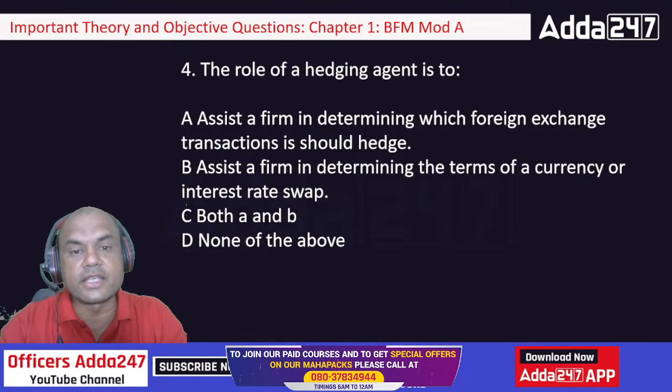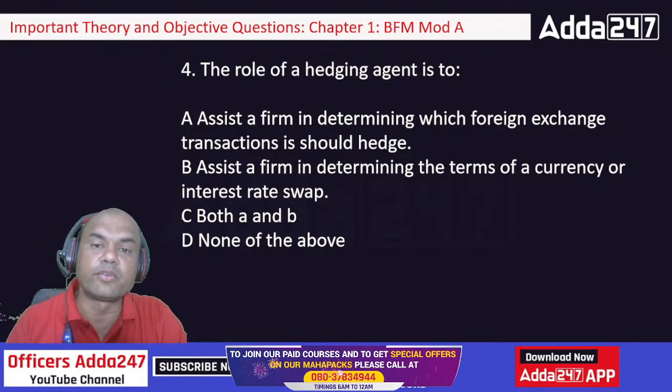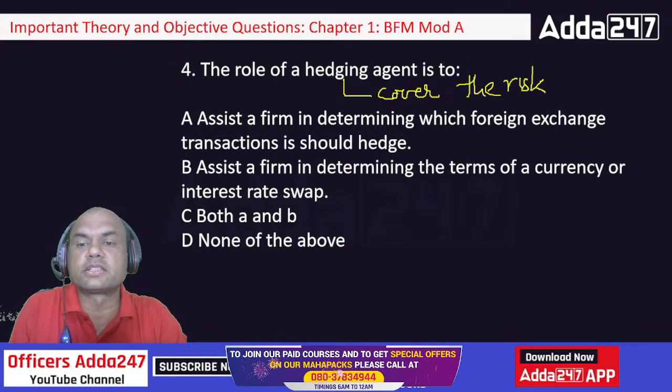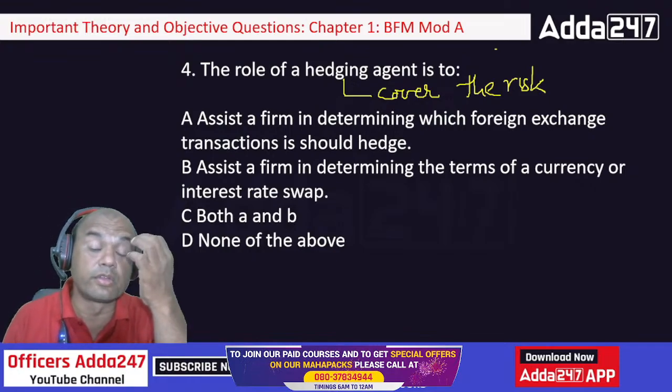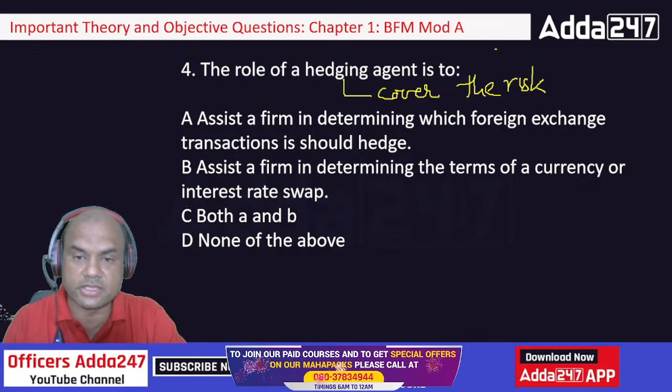The role of hedging agent is to... So what is the hedging agent? Hedging means the one who covers your risk. Covering the risk is known as hedging. So the role of the hedging agent is to assist the firm in determining whether the foreign exchange transaction should be hedged.